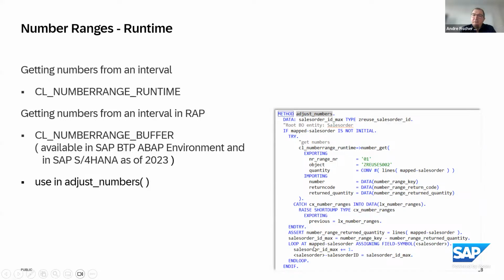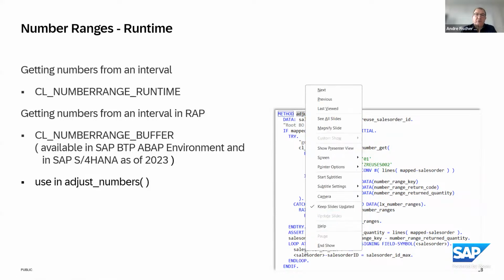I can retrieve it here, and then I would know what's my highest sales order number that I have, that I can then provide in the unmanaged save, where, if I use late numbering in RAP, I can then take these numbers.